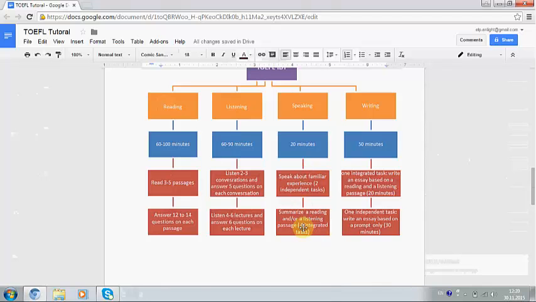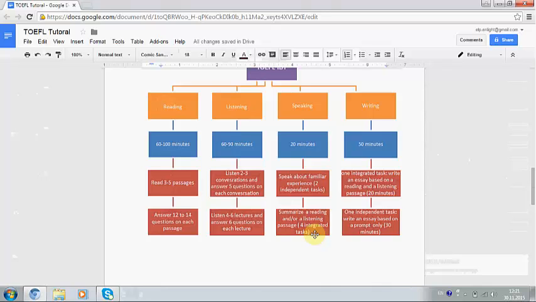In this case, you will have to do 4 different tasks and report, paraphrase, and so on. Here the best skill is to be able to paraphrase, to identify the important information, and to use really good English with a good vocabulary and construction.